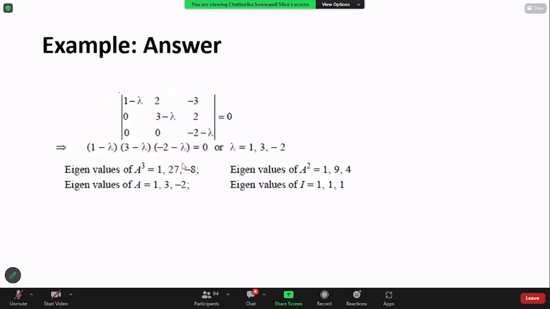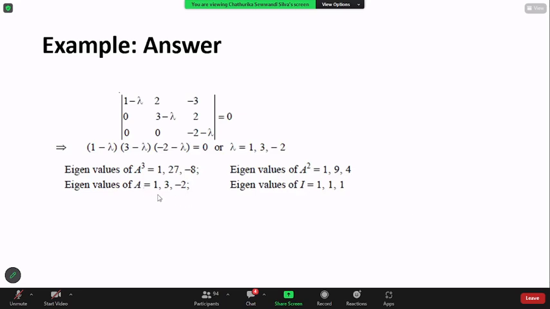Right? So now you know this. Separately, you know the eigenvalues corresponding to A cubed, because we know that A cubed is also a 3 by 3 matrix, and then there are definitely 3 eigenvalues corresponding to that. If A squared is a 3 by 3 matrix, then definitely 3 eigenvalues correspond to that.